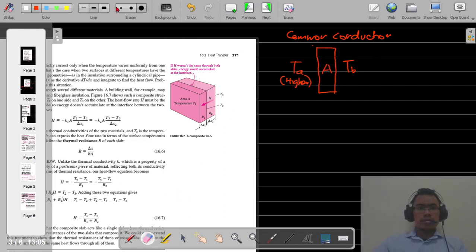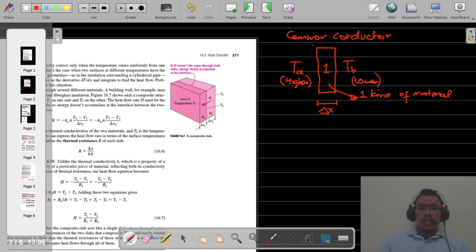I will change not A but 1, and then the T2 is the lower. And this is the delta X. So it only has one kind of material.